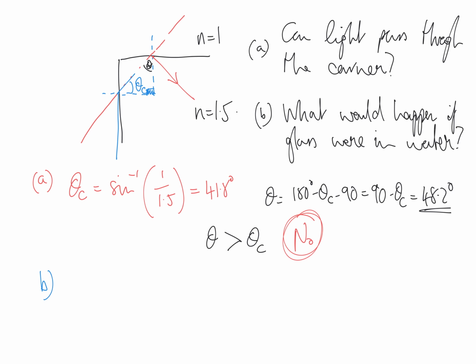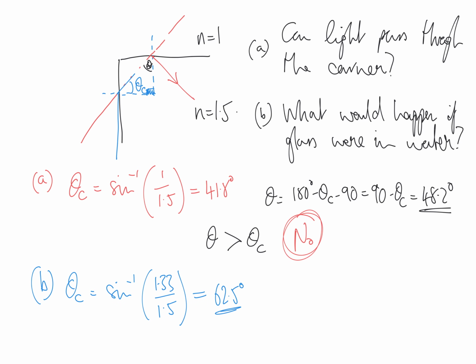Part B. Well, theta critical in this instance will be sine to the minus 1 of, and if you looked up water, you'll know it's 1.33, so 1.33 over 1.5, and it has to be that way round, remember, because this can only be on something smaller than 1, and that will give us a critical angle of 62.5 degrees.